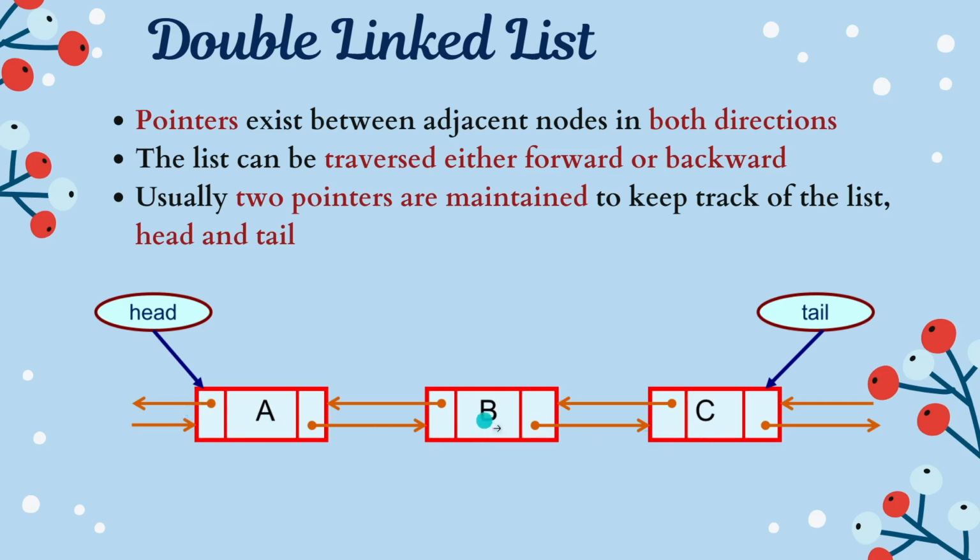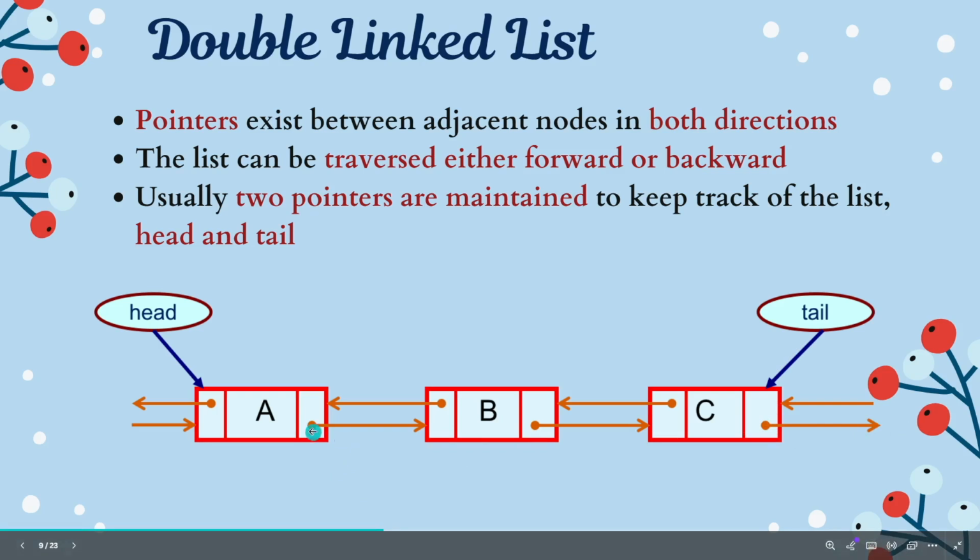Similarly, node B's next pointer would point to C, and node B's previous pointer would point to A. And for node C, its previous pointer would point to B and its next pointer would point to null, just because C happens to be the last node in the double linked list.